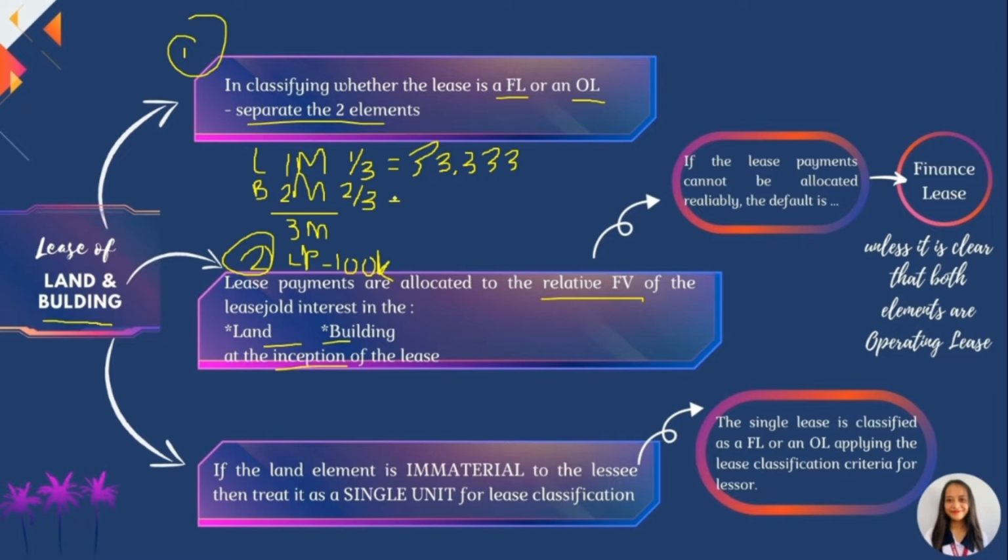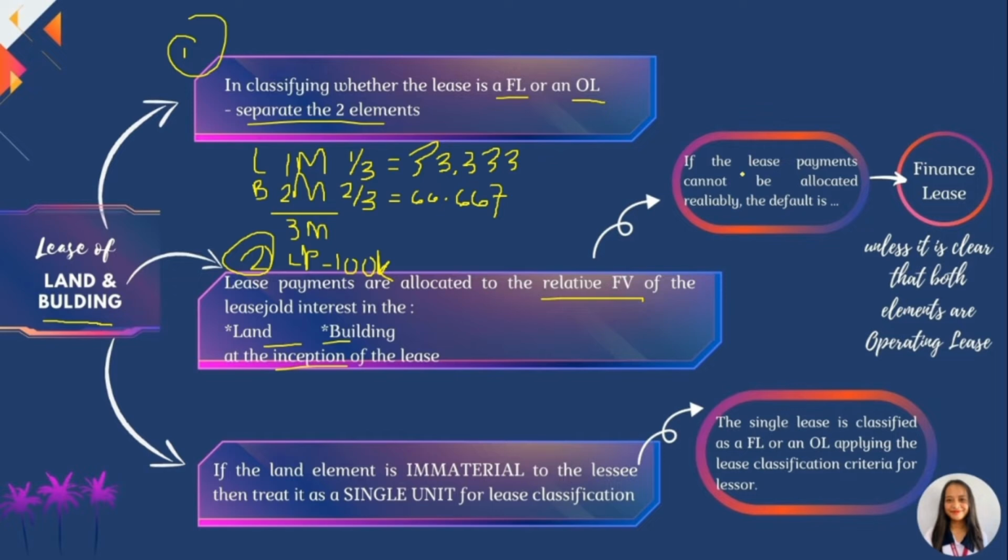Then, for the building, 100,000 times 2 over 3, that is 66,667. That's how we allocate the lease payment to the land and building.